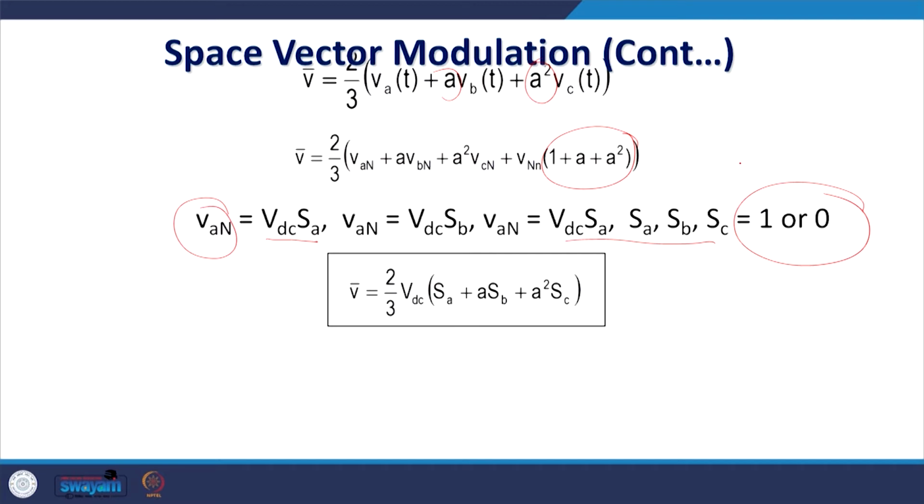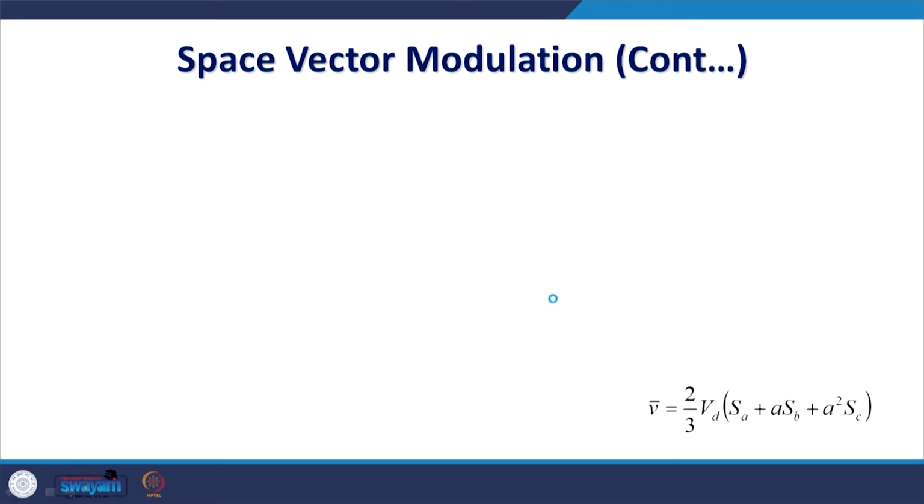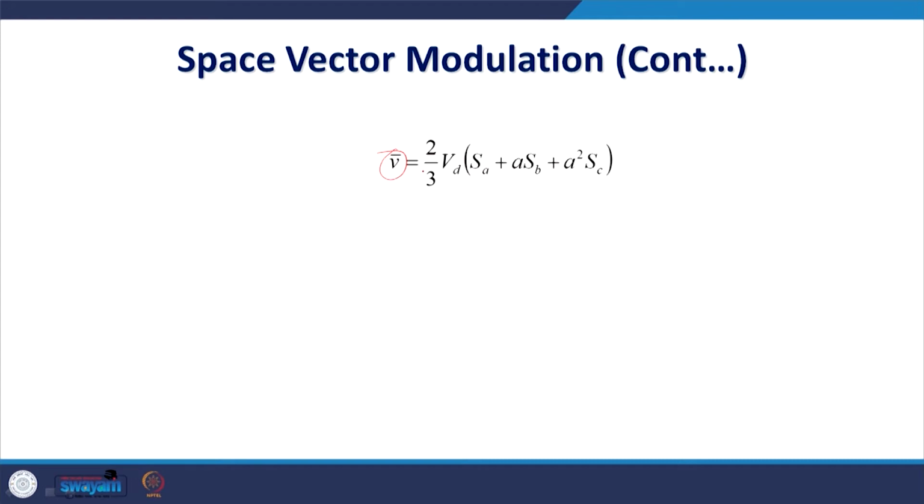Thus we can replace these values with the switching states, that is SA, A into SB, A square into SC. So the switching logic comes into the picture. Thus what you have is 2/3 VDC times SA plus A SB plus A square SC.